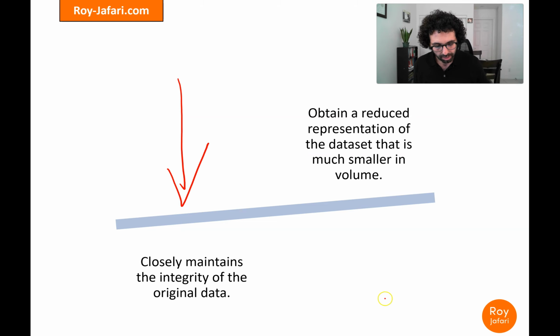But at the same time, we want to make sure that we are keeping the most important part of the data. We are keeping the integrity of the data. We are not introducing bias. We are not getting rid of very important information and so on. So we need to find a balance between these two objectives. Each of the methods that we will go over in the future videos will discuss how we should keep these two objectives in mind.